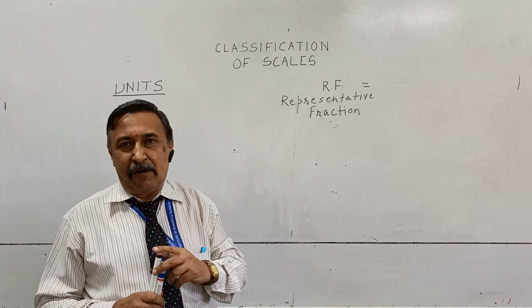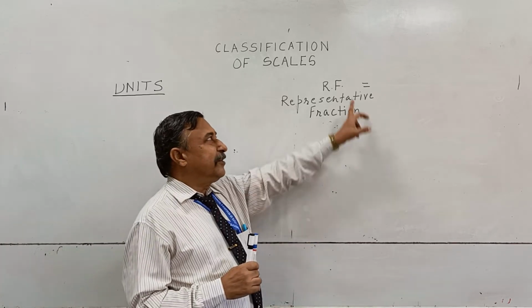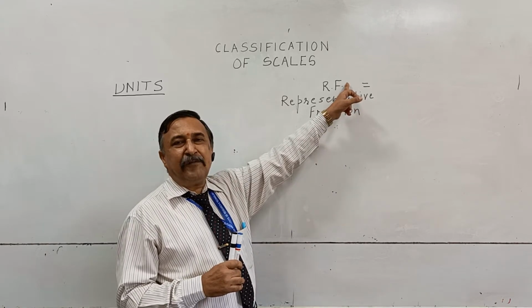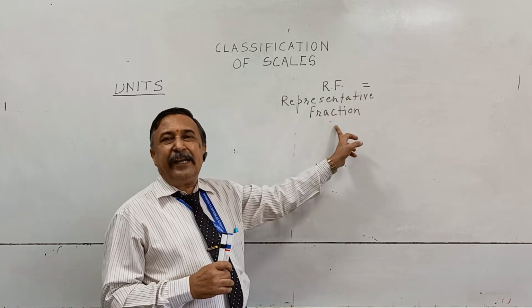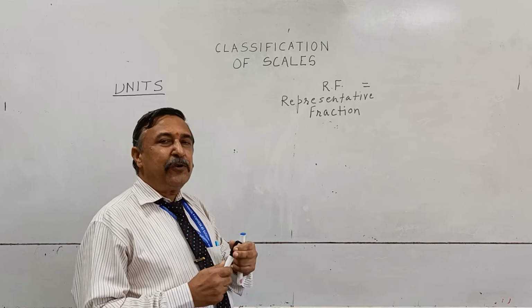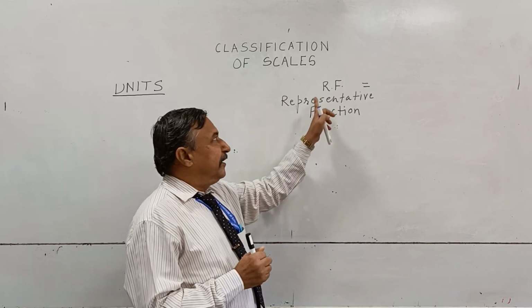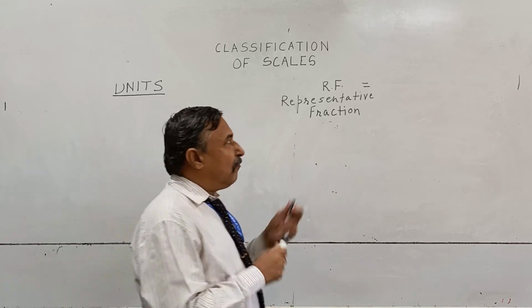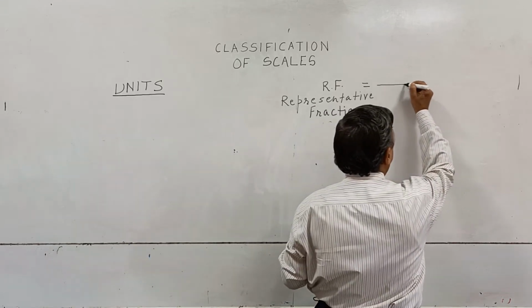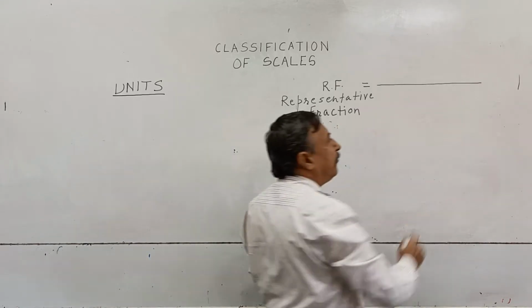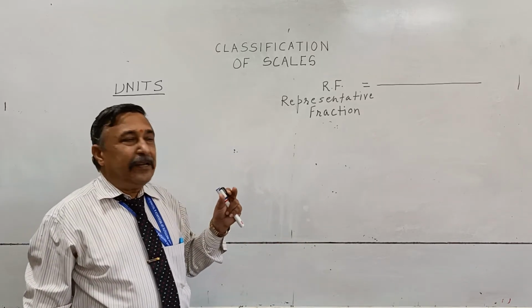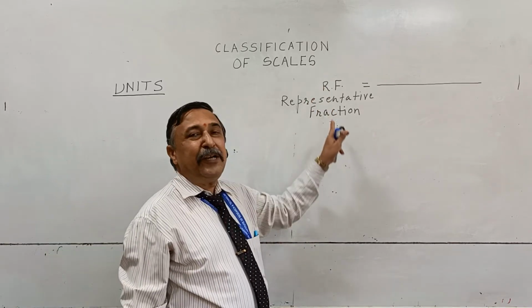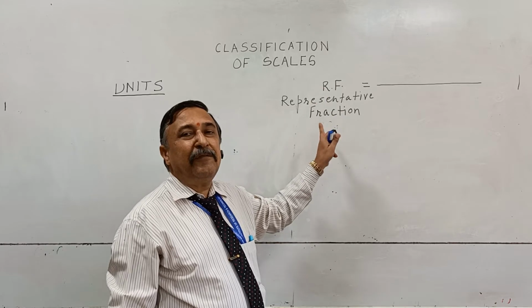So how can we draw? We take a ratio. Now what is this ratio called? This ratio is called representative fraction. We first look at what is representative fraction and what is the use of this.